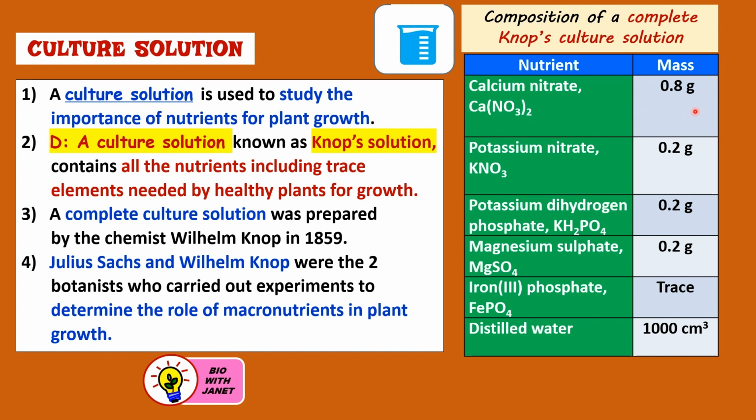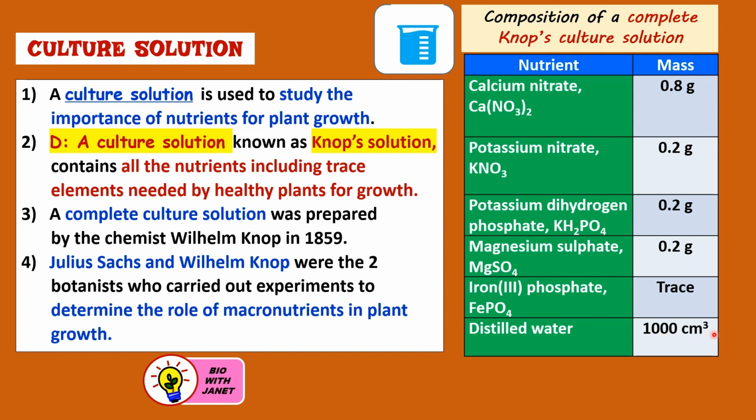We use 0.8 grams of calcium nitrate. And then we also measure 0.2 grams of potassium nitrate, 0.2 grams of potassium dihydrogen phosphate, 0.2 grams of magnesium sulfate, and a trace or a bit of iron phosphate, where iron is a micronutrient. And then all these are dissolved in 1 liter of water, or 1000 cm³ or 1000 ml of water.